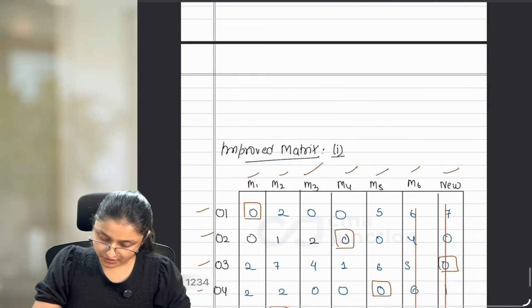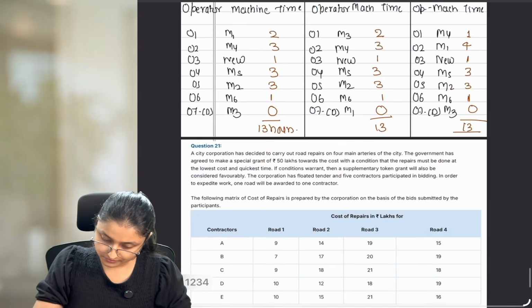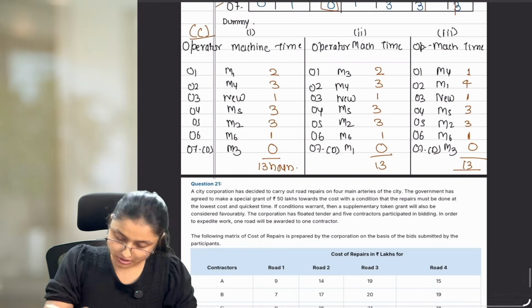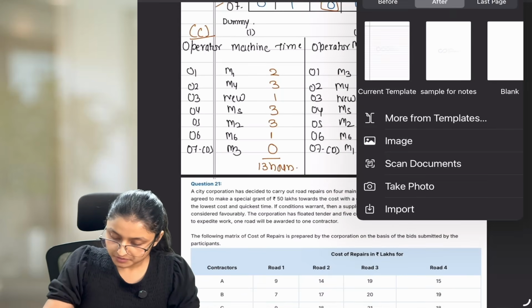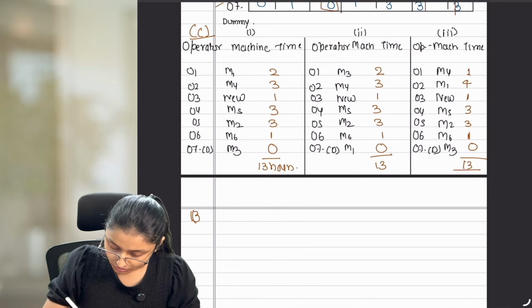This is the allocation after replacement. This part. Okay? Now, for B part, we have to write whether it is advantageous or not.